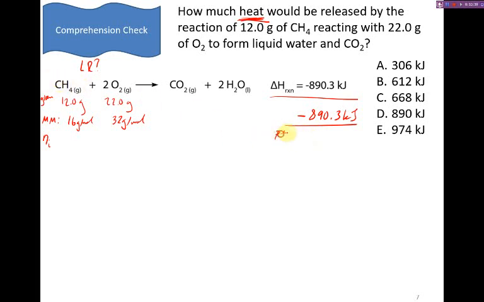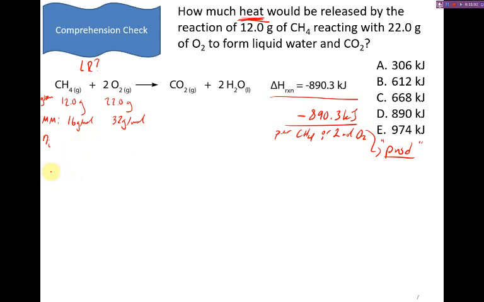So this is going to be per mole of methane, or per 2 moles of oxygen. And so we can use that in the sense to essentially evaluate how much product is being formed.